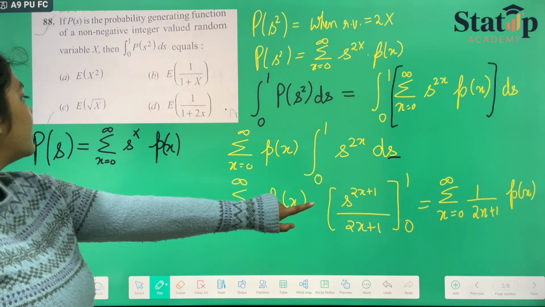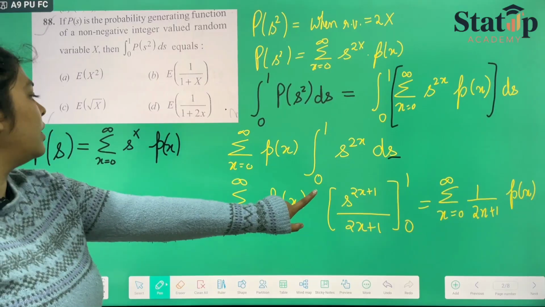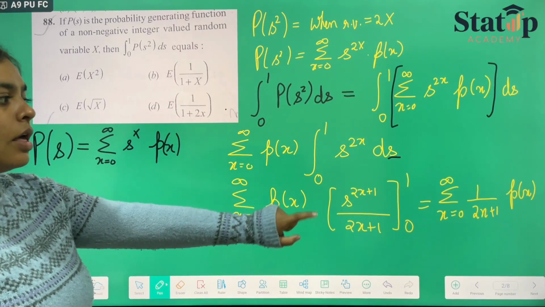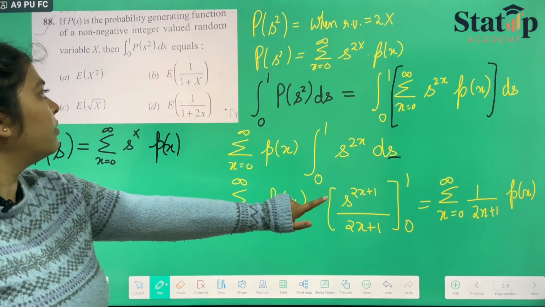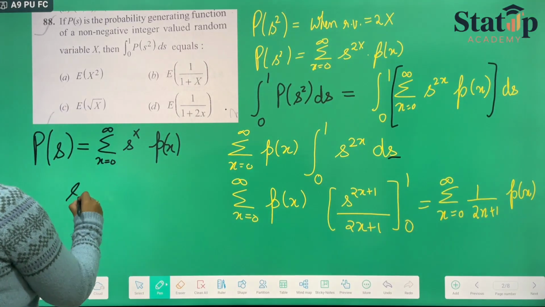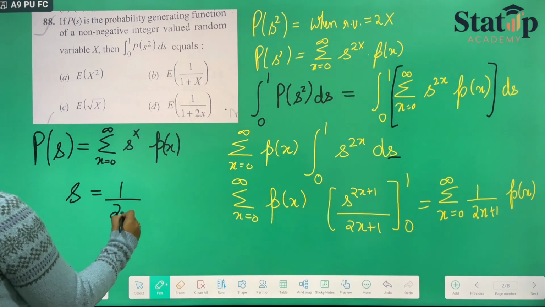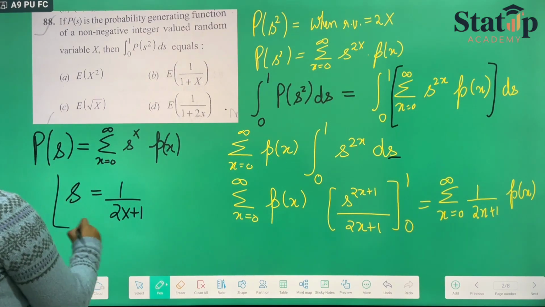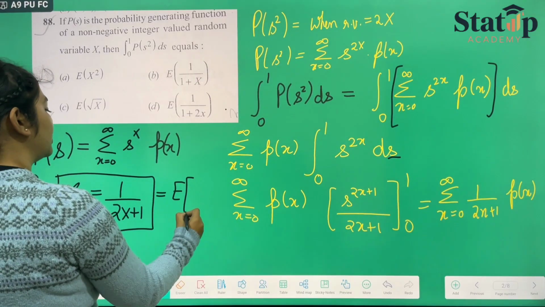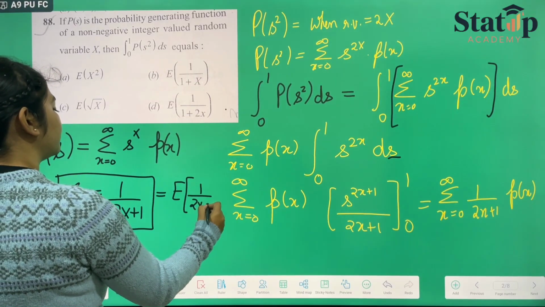Now here you can see that summation of s raised to x into px. So it will be our summation of 1 upon 2x plus 1, and hence this can also be written as expectation of 1 upon 2x plus 1.